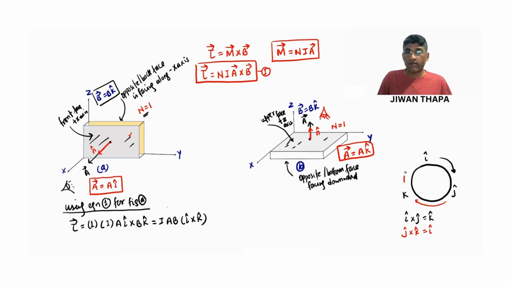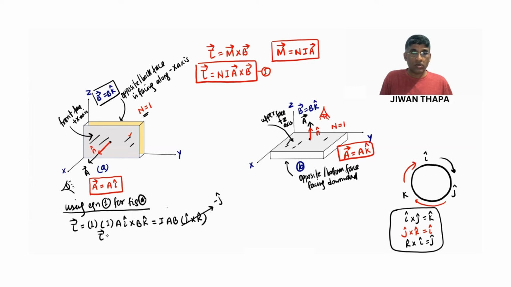And when we have k cap cross i cap, we get j cap. So this is to be noted. Now we have i cap cross k cap, and this cross product gives me minus j cap.